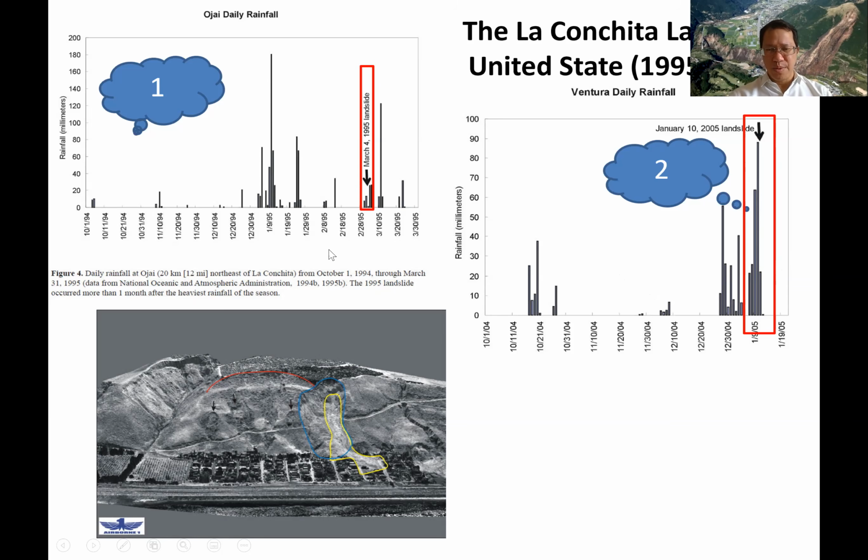So in conclusion, for the first case, there was heavy rainfall before, even though it was a month before the landslide occurred in 1995.